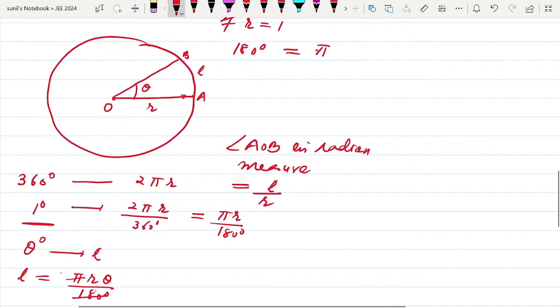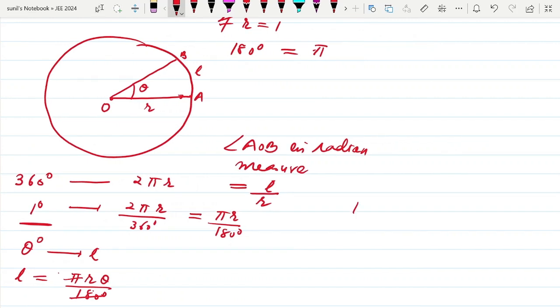Now how will we define a one radian angle? One radian angle is when the length of the arc is equal to the radius. Then the angle AOB is 1 radian.